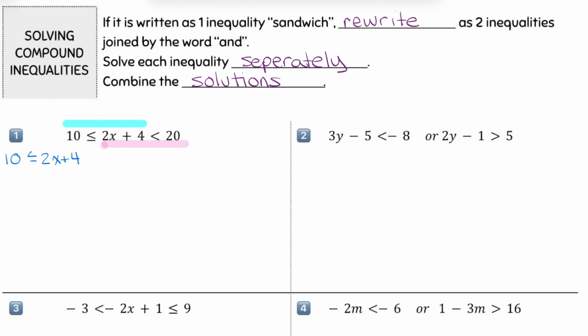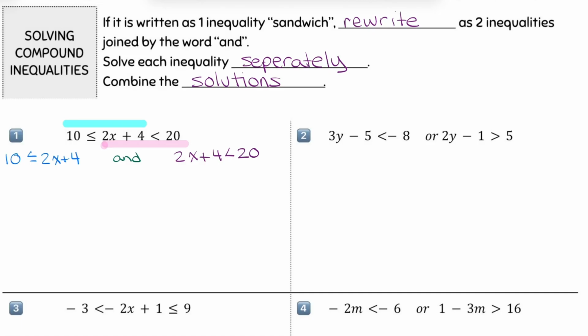We're going to use the word and. Because there are two of them, we have to remember we have to make them both true. Our second one is 2x plus 4 is less than 20. Notice the element 2x plus 4 is in each of these. We're going to solve them pretty much the same way.